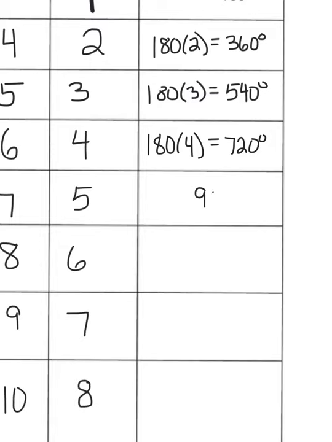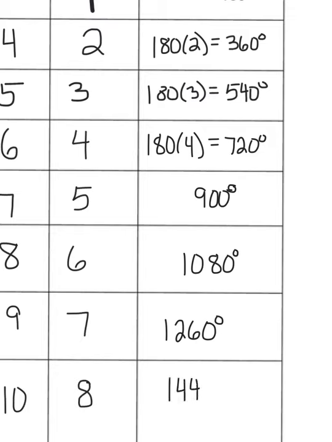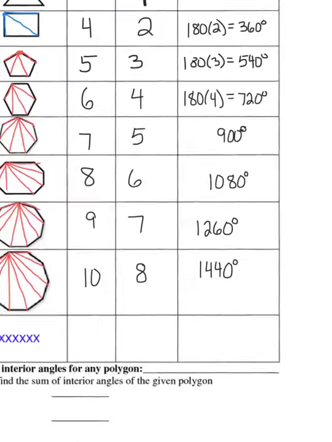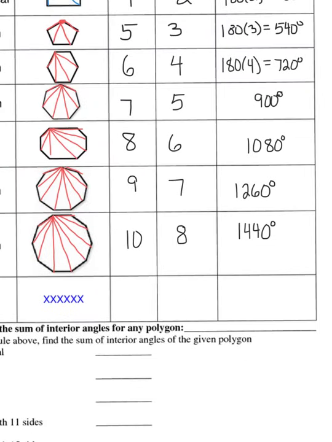So this one becomes 900. Hopefully here you got 1080 degrees. For a 9-sided figure, for a nonagon, we have 1260 degrees. And then a decagon would actually have 1440 degrees.